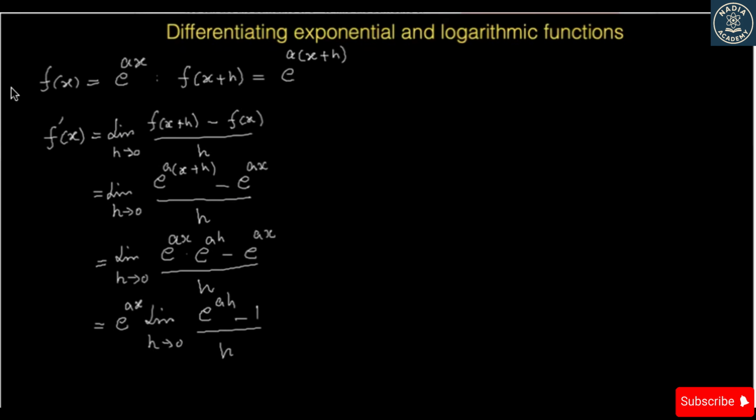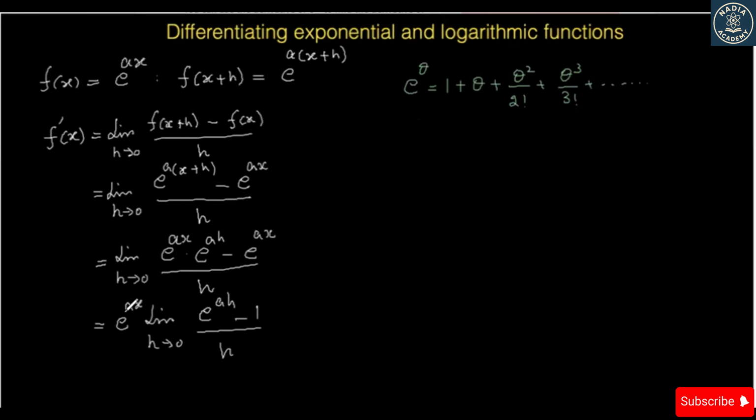Here we need to use the identity of the exponential function: e power theta is equal to 1 plus theta plus theta square divided by 2 factorial plus theta cube divided by 3 factorial, and so on.